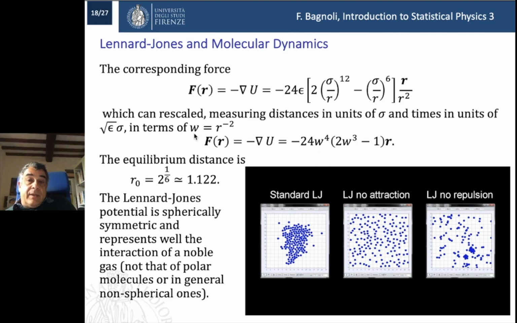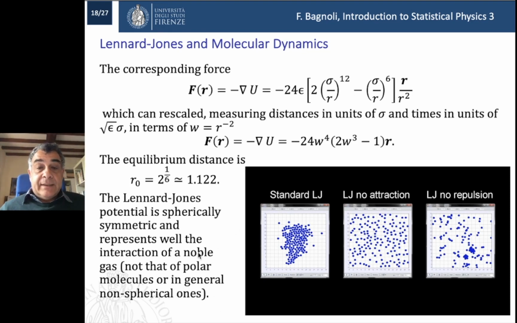And actually we can scale all distances and times so that we can neglect epsilon and sigma and have an expression in terms of the inverse powers of the distance here. So now the equilibrium distance is 1.122.